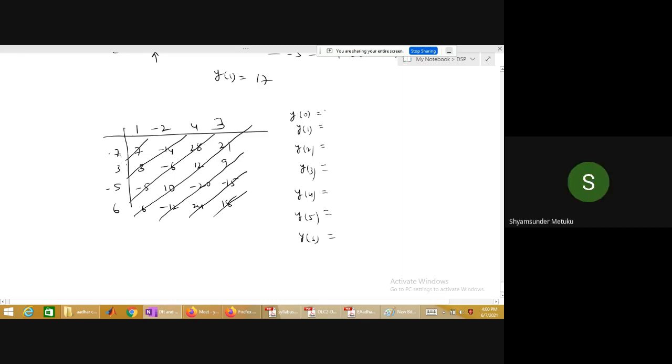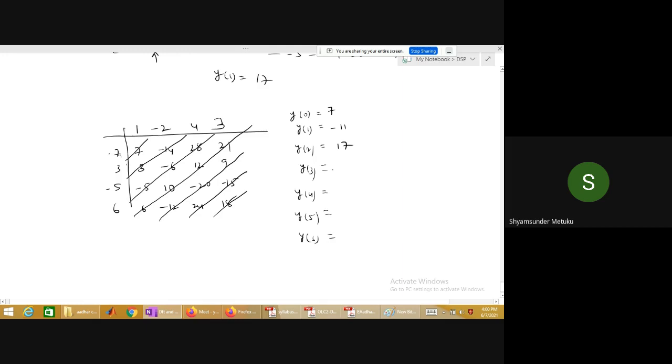So y of 0 is only 7, right? Yes, 7. For the second line, 3 and minus 14, that is minus 11, which we got in our case. Yes, sir. Third line: 17, minus 5, minus 6, correct, no? Yes. The remaining you can only verify.